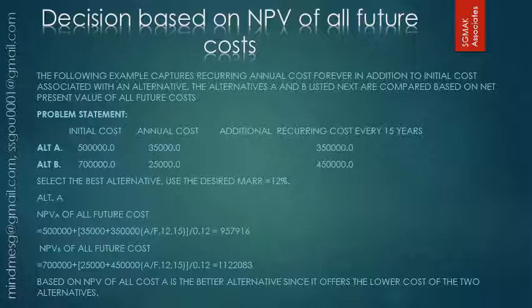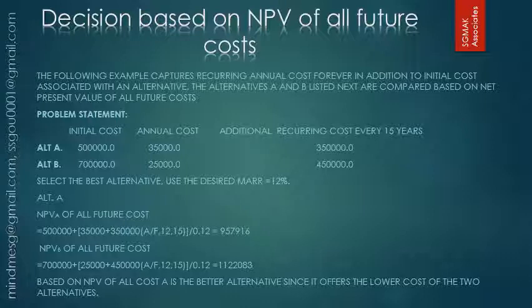That is given by the expression within the brackets: 35,000, which is the annual operating cost, plus 350,000 multiplied by the factor A over F at 12%, which converts the cost every 15 years into an equivalent annual cost. When these two are added together, you divide by the desired rate of return, and that gives you the net present value of a single cost at time 0.